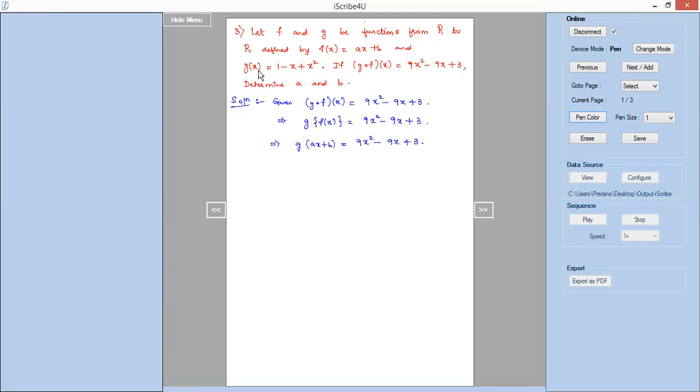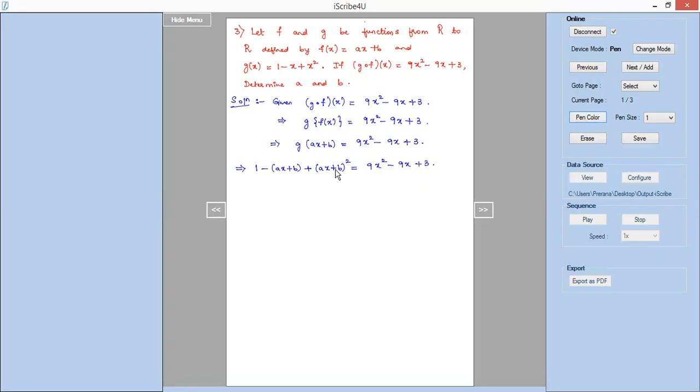So wherever x is there, I will replace x by ax plus b and write down the G function, which is applicable in the left hand side. So this can be written as 1 minus of ax plus b plus ax plus b the whole square is equal to 9x square minus 9x plus 3.